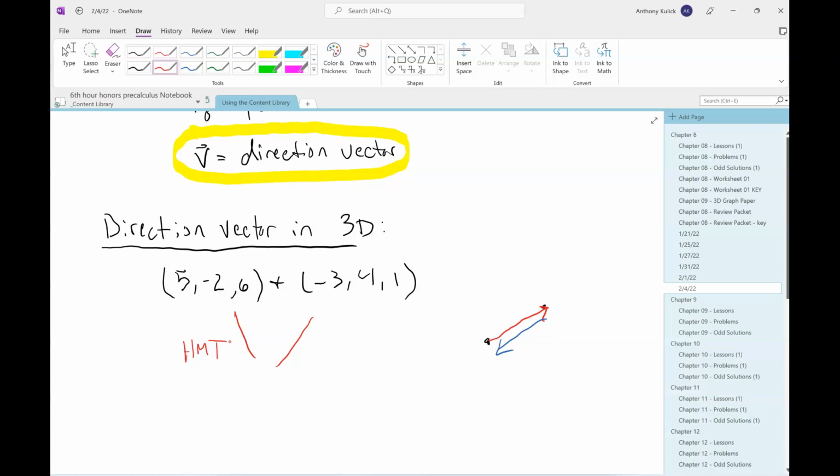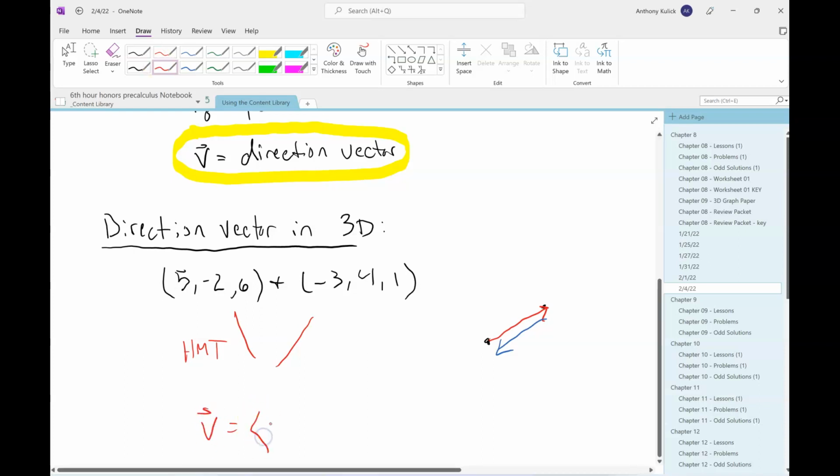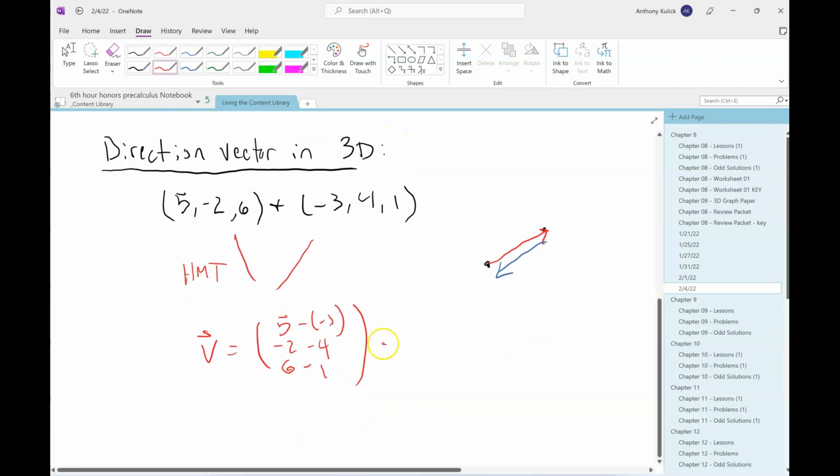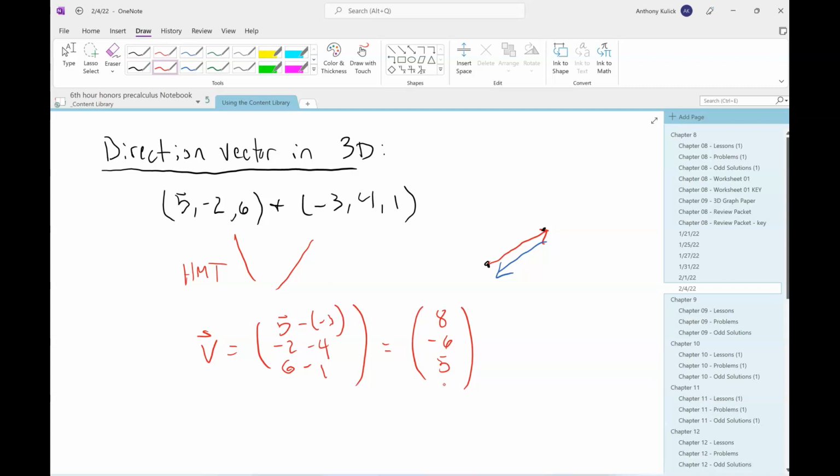In general, I would just take the first one and subtract it from the second one, so I don't have to worry about doing anything goofy. I would just say that my direction vector then is just this 8, -6, 5.